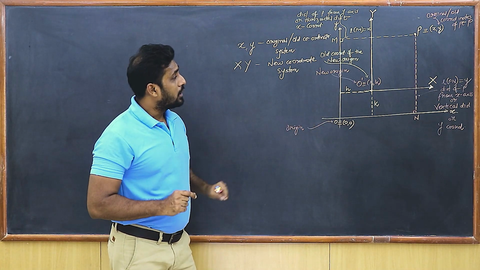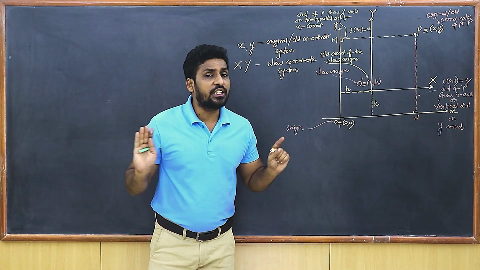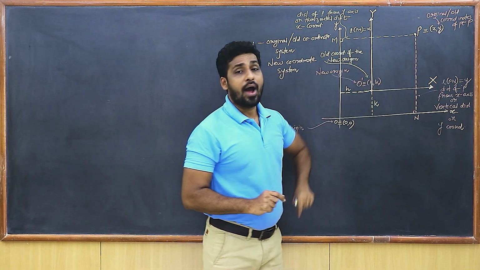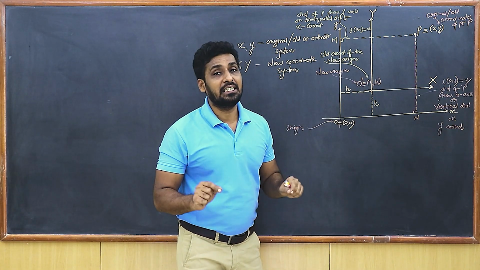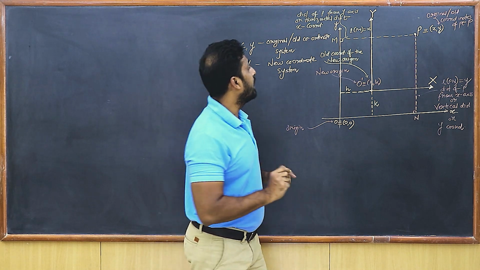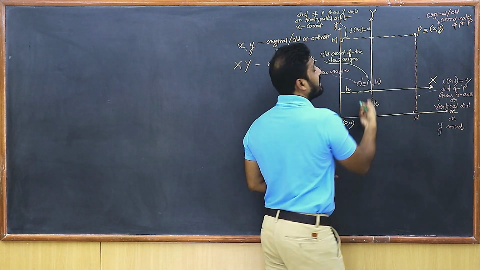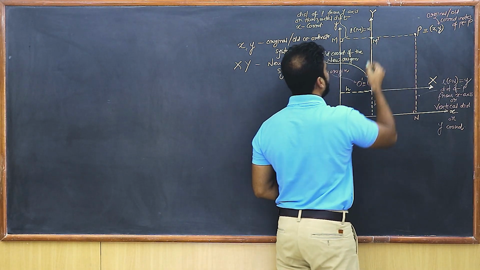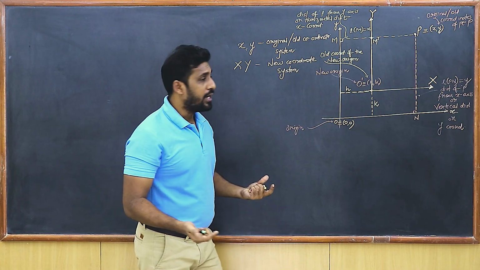Now students, what has happened to point P? Look at point P. Point P has not changed its position, but with respect to the new x and the y axis, the distances have changed, isn't it? I'm going to call this point here where this PM is intersecting the new y axis as, say, M dash. So the length of PM dash is definitely different from the length of PM.